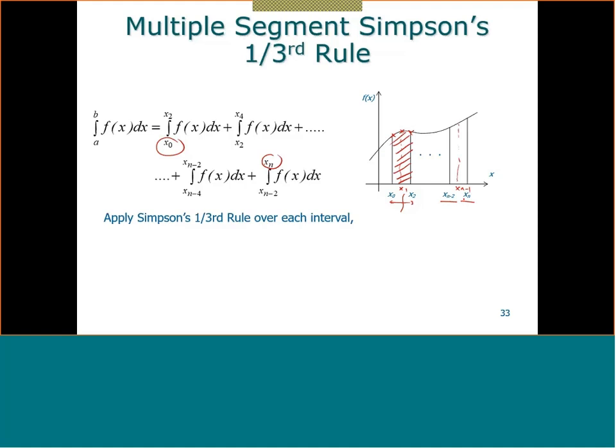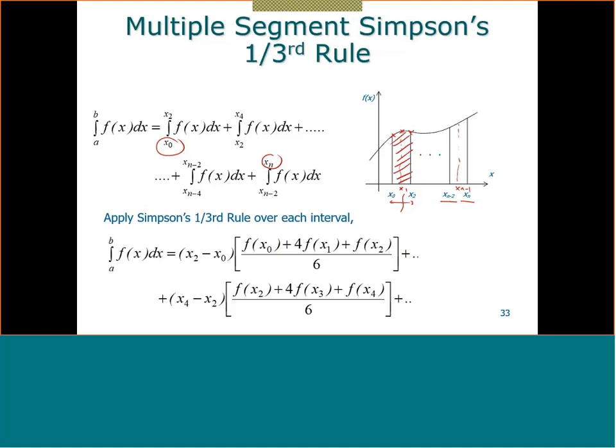Now we will apply the 1/3 rule that we just showed in the previous slide for each segment. So the integration will be, for example here, (x2 minus x0), which is your h here, times f of x0 plus 4 f of x1, which is in the middle, plus f of x2, over 6.